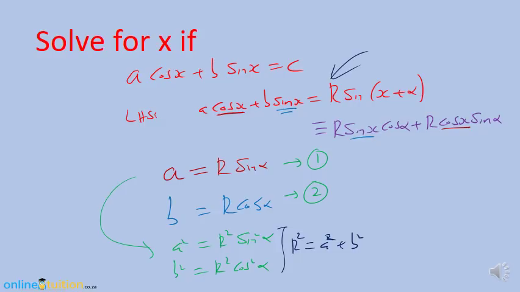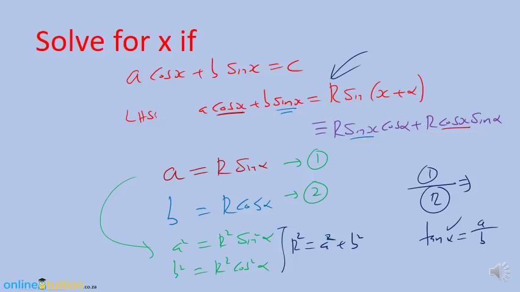How do I find alpha? Well, look at equations 1 and 2. If I take equation 1 and divide it by equation 2, for sure as God made little apples, it will tell me that tan alpha is equal to a over b. And now I've got alpha because I know what a and b are. And that's it. This is a very powerful method.